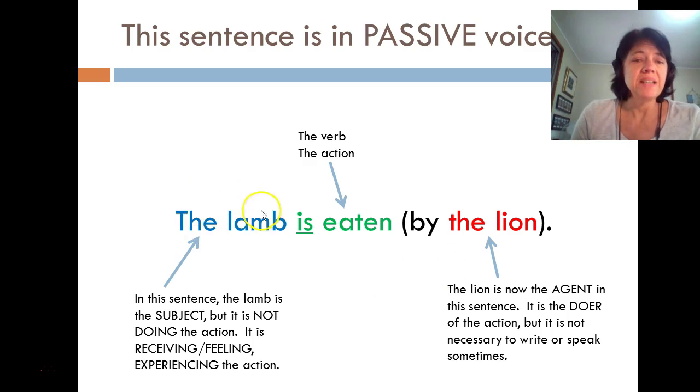The lamb is now the subject, but remember this subject now is not doing the action, it is receiving or feeling, experiencing the action. The verb is now in passive voice, form of be plus past participle. The lion is now called the agent. So if you go to a grammar book, it is called the agent. The lamb is eaten by the lion.